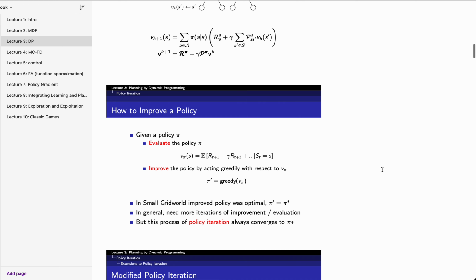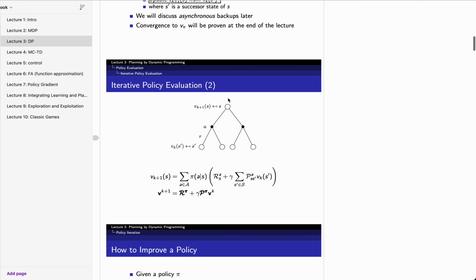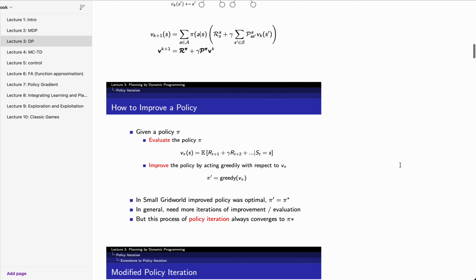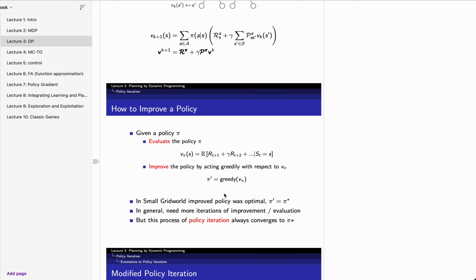Oh yeah. So once he knows the value functions of the current state at the next iteration k plus 1, he will compare, and improve the policy by acting greedily with respect to v pi.